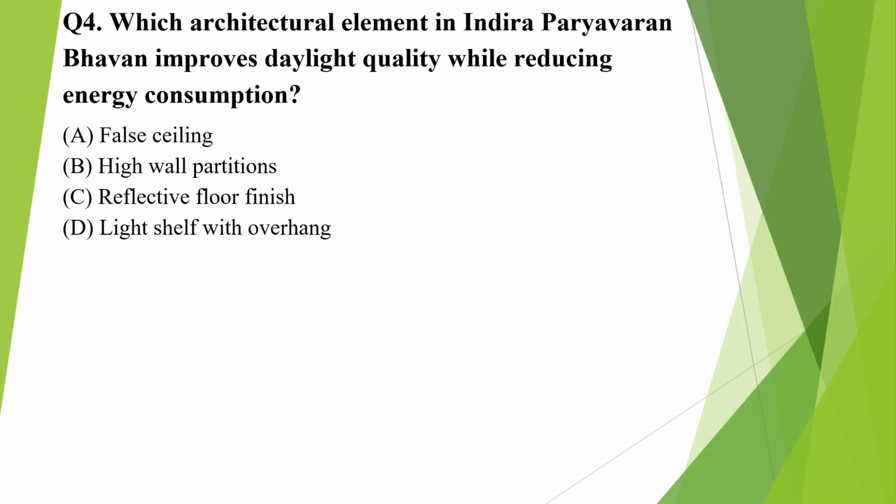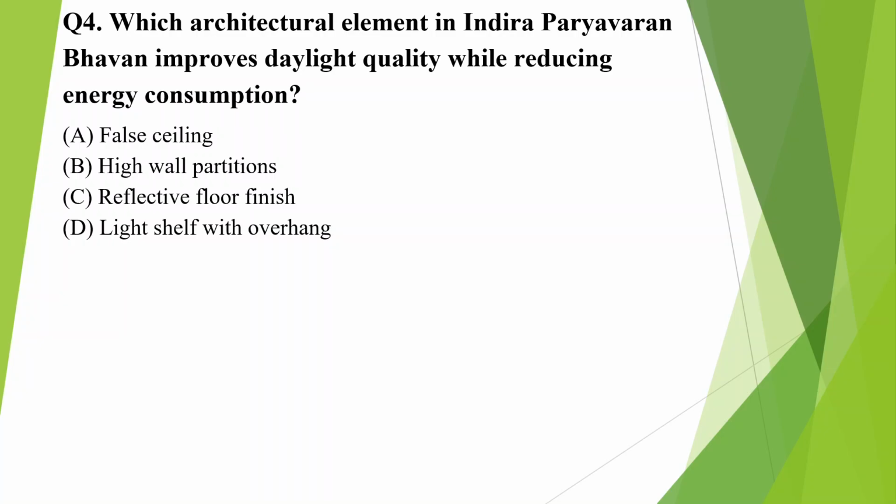So let me correct that and discuss that 4D is the correct answer. The question asks about improving the daylight quality and reducing the energy consumption. So daylight is entering with the overhangs, with the windows. The option C, that is a reflective floor, is not talking about the roof. It is talking about the floor finish. So option C is not the correct answer.